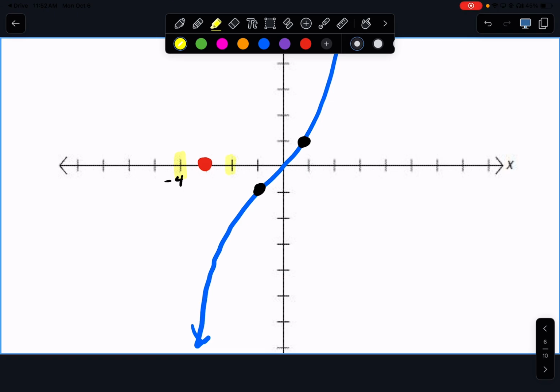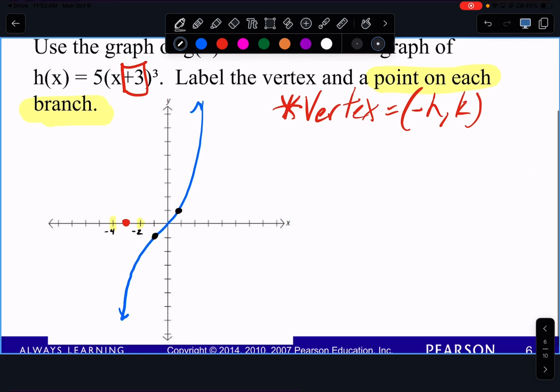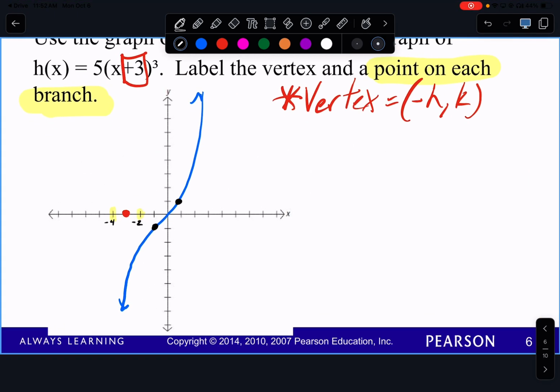Okay, and this one is what? Negative 1, 2. Okay, so those are values on either side of our vertex. That's what we're going to use for our input-output chart, our table of values. So now I'm going to put a negative 4 in. Negative 4 right there.